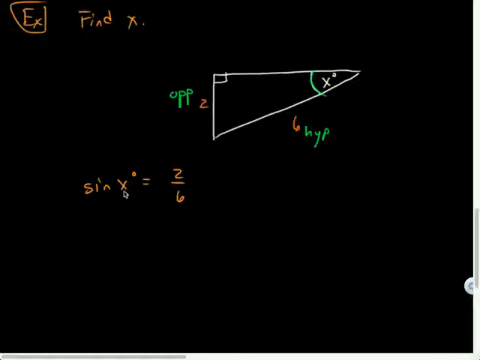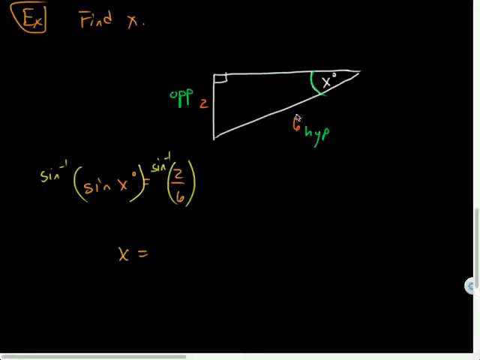Or 1/3. So to solve this equation, you could sine inverse both sides. Now, would I expect this to be a second quadrant angle in this case? No, this should only be an acute angle because this is now restricted to a triangle.